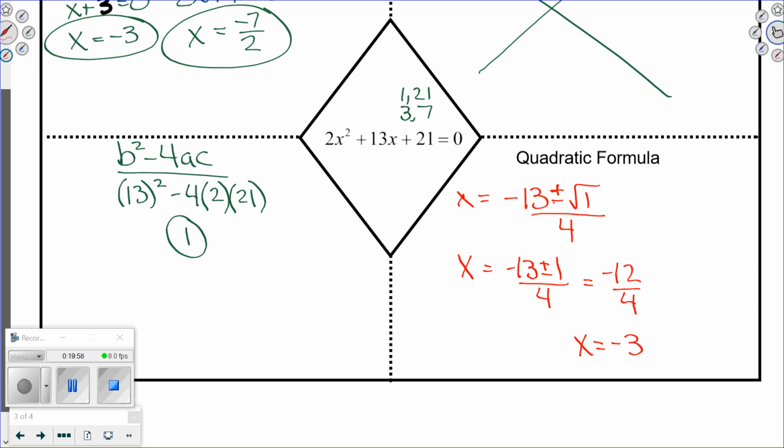And then negative 13 minus 1, negative 14 over 4, which gives you, good. Right, divide those both by 2. So a negative 3 and a negative 7 over 2, which is exactly what we got when we factored. But again, if I can factor, I'd rather factor.